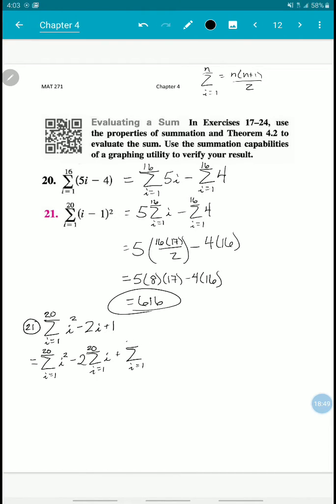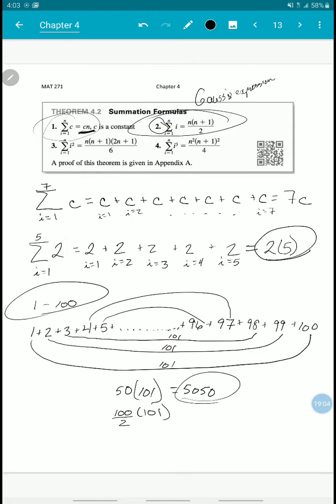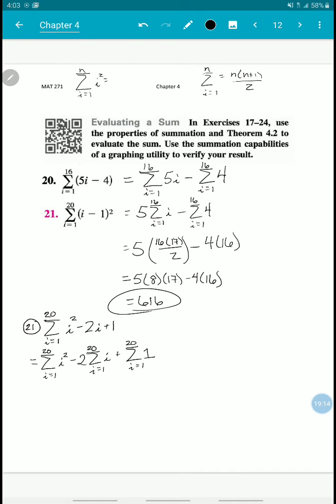And what this is going to allow us to do is to use all of those sigma formulas. So the i squared formula is n times n plus 1 times 2n plus 1 over 6.